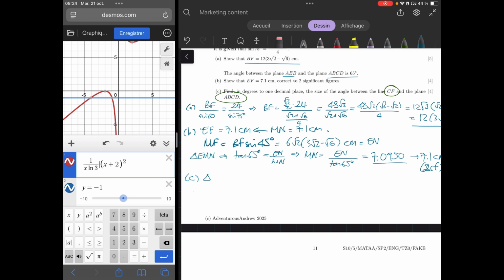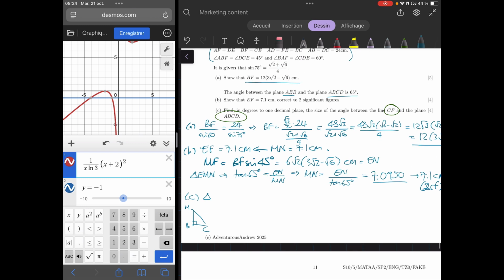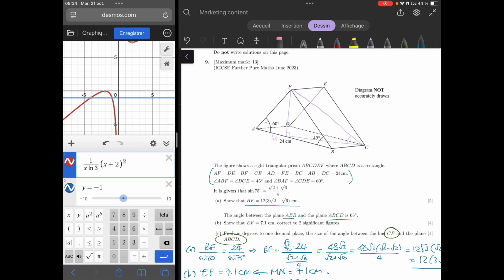So, if we consider the right angled triangle MBC, MC squared is equal to MB squared plus BC squared. Do we know the length of BC? Yes, it's equal to the length of EF.